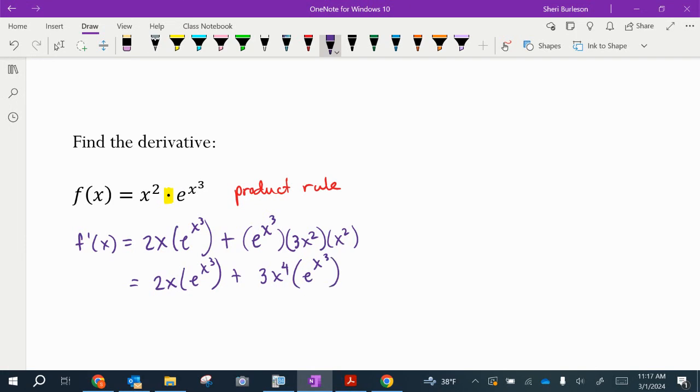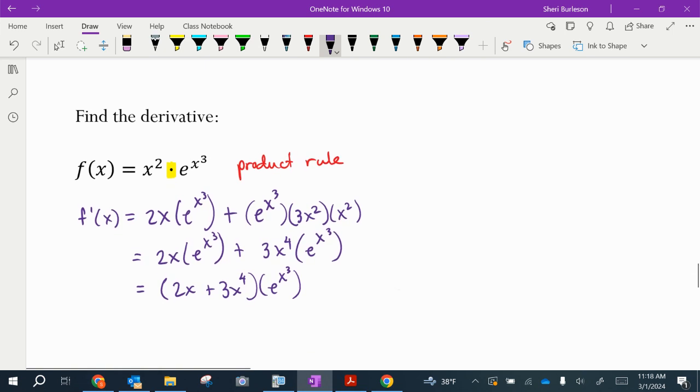You would not have to do this, but in case it showed up on an AP exam for a multiple choice, since I have e to the x cubed in both of these terms, I could technically factor that out. May not be required on free response problems, but so that you could recognize it on a multiple choice.